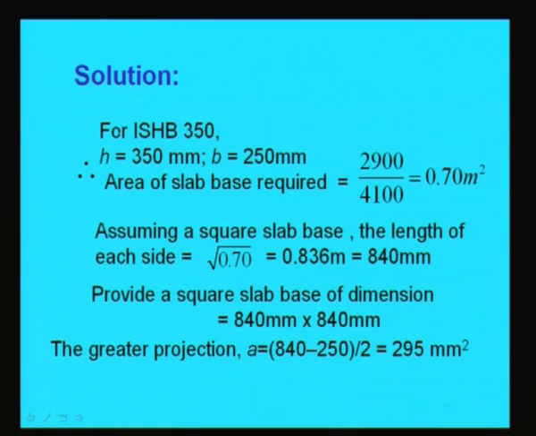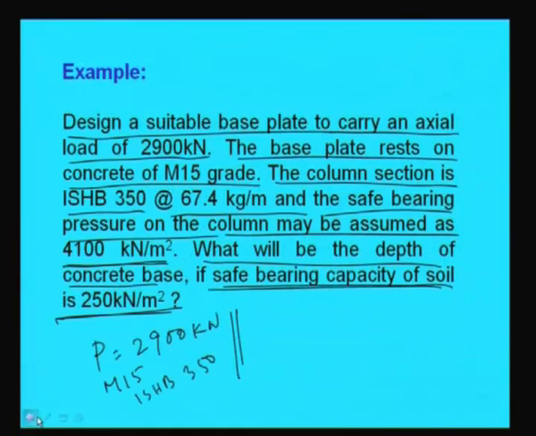As we know, the section we are going to use for the column is ISHB 350. So the H value, meaning depth of the column, will be 350 and B is 250. Now the area of base required: it is the load divided by the shape bearing pressure. The shape bearing pressure on column may be assumed 4100 and load is 2900 kilonewton.